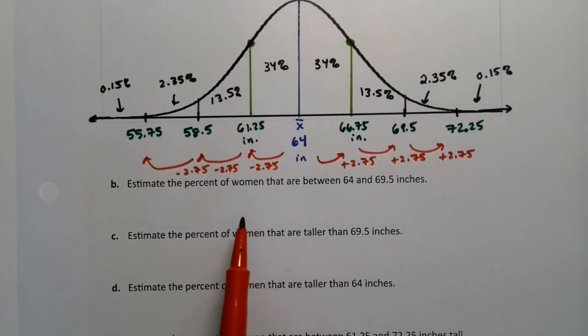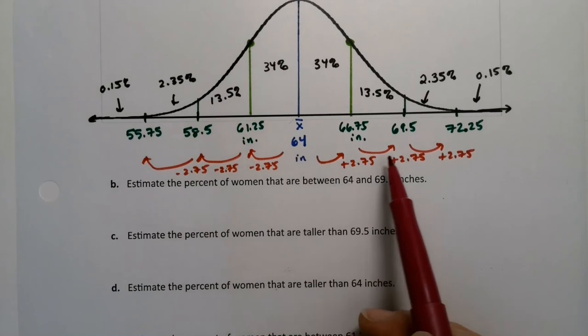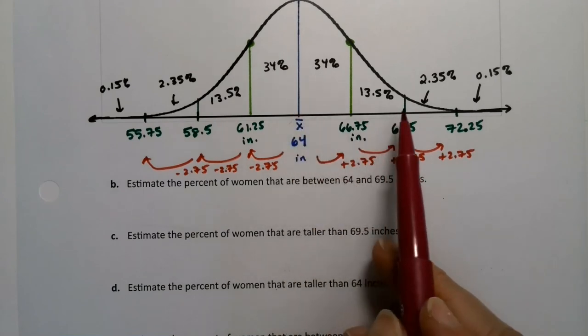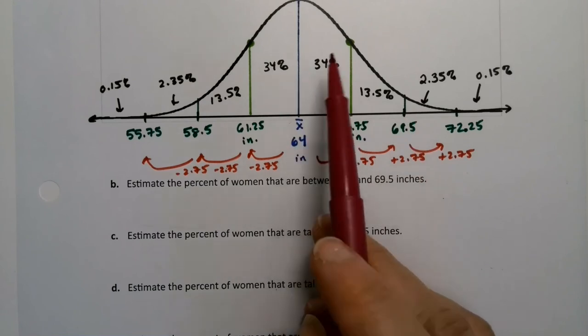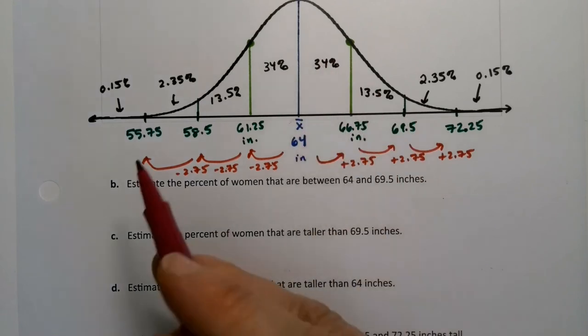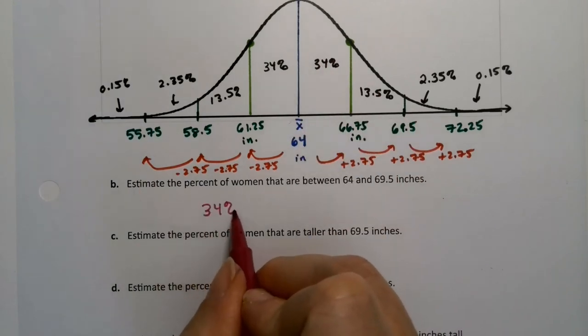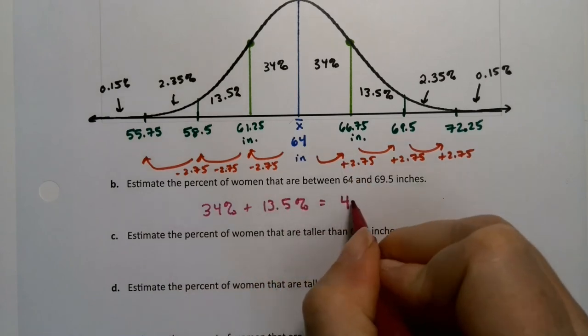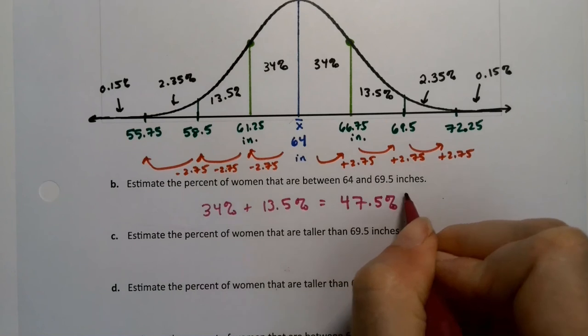So looking at the first one, they want to know what percentage of women have heights between 64 and 69.5 inches. So that's from this line right here to this line over here. So the percentage is 34% plus 13.5%, which is 47.5%.